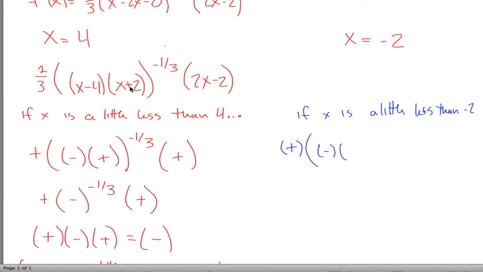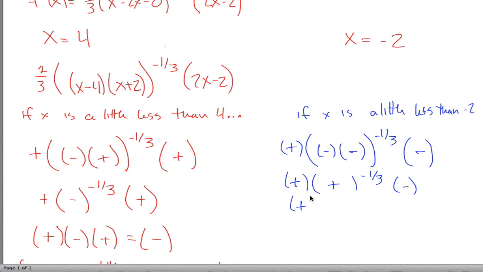A little bit less than negative 2, so negative 2.1 plus 2, is still a negative number, just barely, but still negative. Raised to the negative 1/3 times negative 2 times 2 is negative 4 minus 2 more. It's certainly negative. So I get a positive times something raised to the negative 1/3 power, and that something is a negative times a negative, which is a positive, times a negative. This is a positive times a positive times a negative, which is equal to a negative.